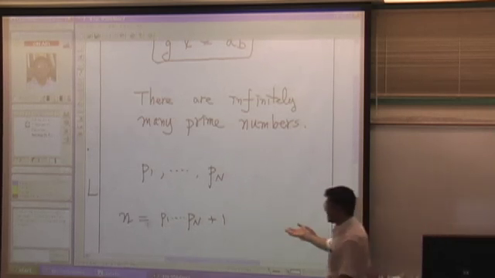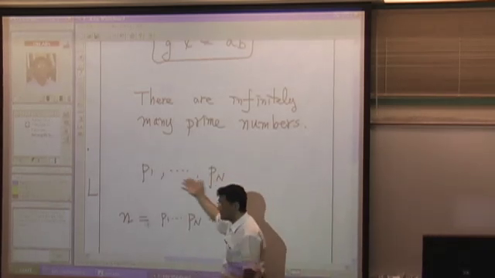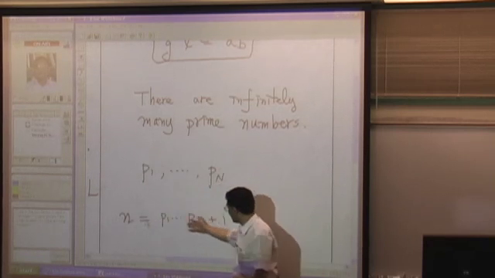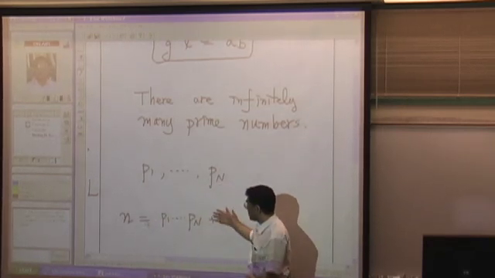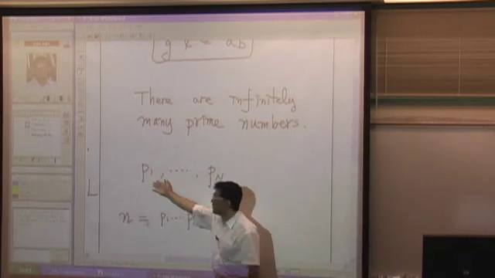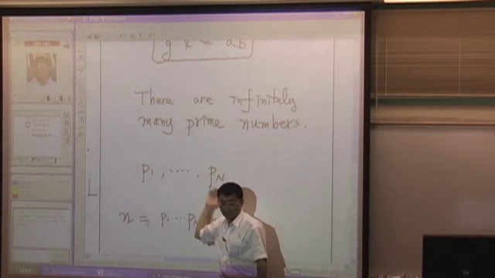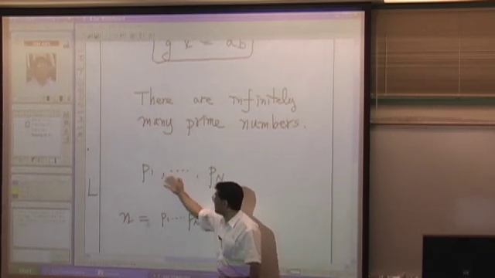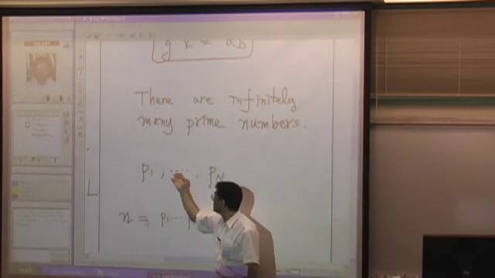Then, because of the strong assumption that these are the only possible primes, we also claim that this is prime, because any number is divided by some prime number, right? All the prime numbers are checked to divide, but N is not divided by p1, p2, or pn.